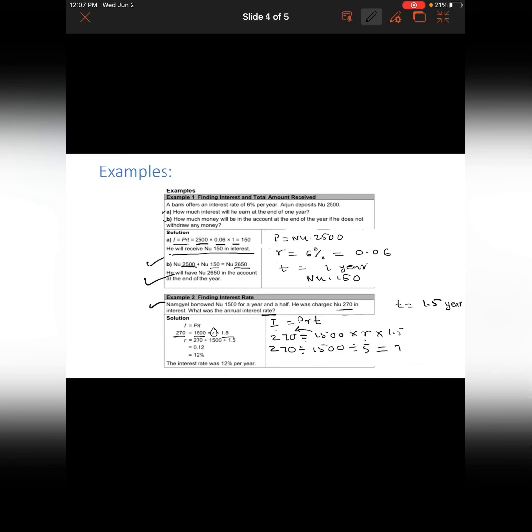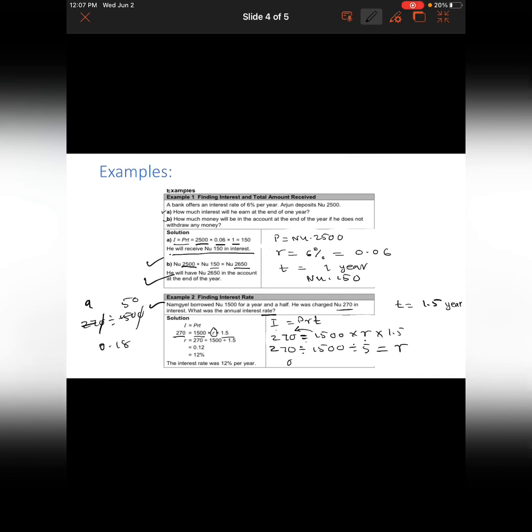Now this equal form is here. Now you'll find the rate. So 270 divided by 1500, you simplify. Both are divisible by 3. 3 times 9 is 27, 3 times 50 is 150. So 9 divided by 50, you get 0.18.